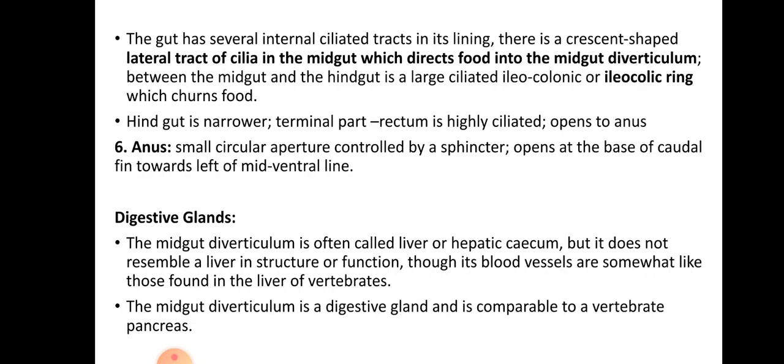Its inner lining has a strong ciliated groove for movement of food. Its zymogen cells secrete a number of digestive enzymes, and it helps in the process of digestion.